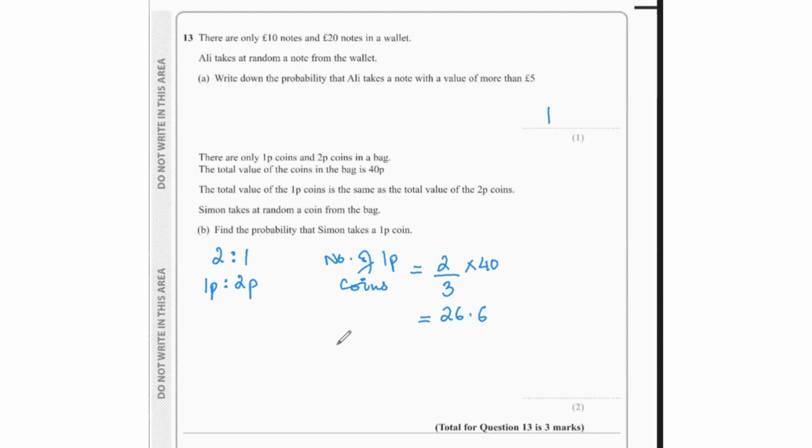Now the probability of a 1p coin is going to be 26.6 divided by 40 times 100, which basically gives us a probability of 66.6%. You can write it as a fraction, a decimal, or a percentage, whichever you want. So 66.6% is your probability.